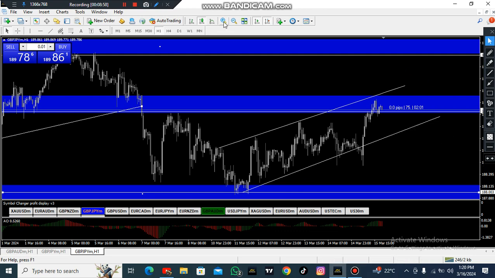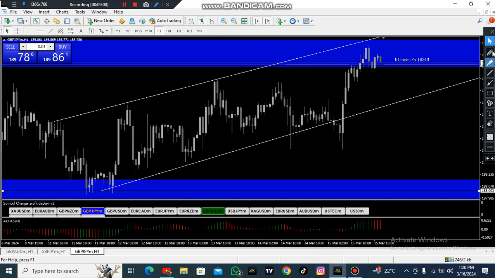And if you zoom it out, you will see something that we already have. The engulfing. Can you see? We already have the engulfing. This candle here is the bearish engulfing candle, which is our signal here.